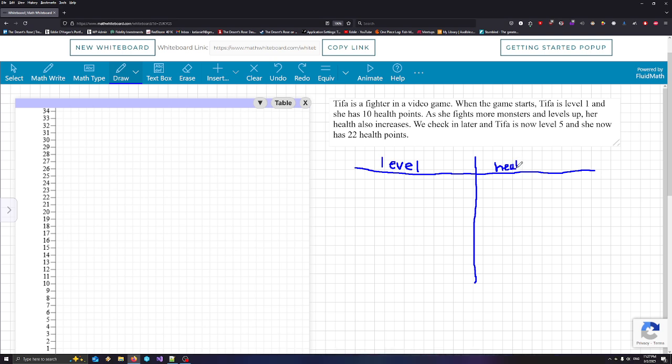We also use the word HP for health points or hit points, how many hits you can take until you die. Okay, on our left-hand side, we have level 1, and for health points, we have 10.